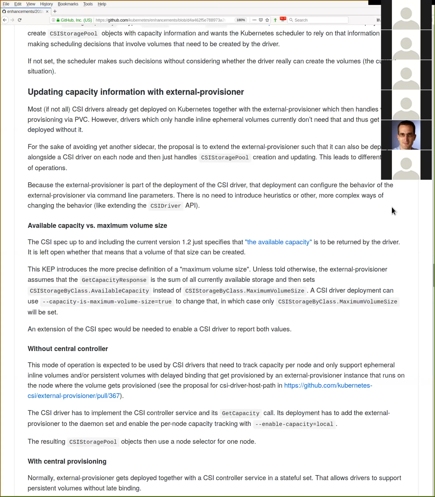Potentially the CSI driver deployment, basically the storage vendor, they decide how to identify storage pools. Okay. And so the CSI storage pools get created and deleted by the external provisioner based on the information that it gets: command line parameters, list of nodes where the CSI driver is running.